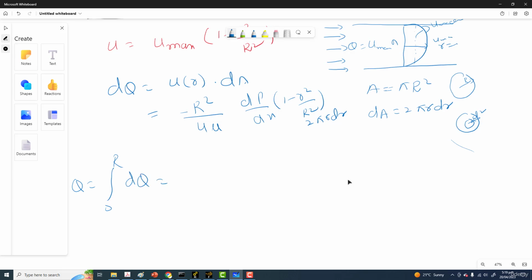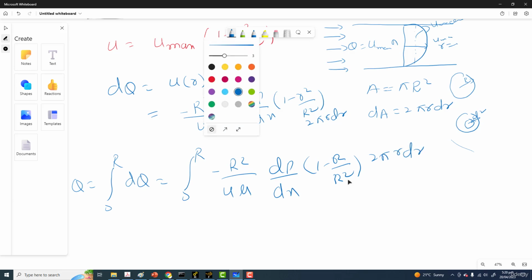This is equal to the integration from 0 to R of minus r square upon 4 mu dP by dx, 1 minus r square upon capital R square, 2 pi r dr.